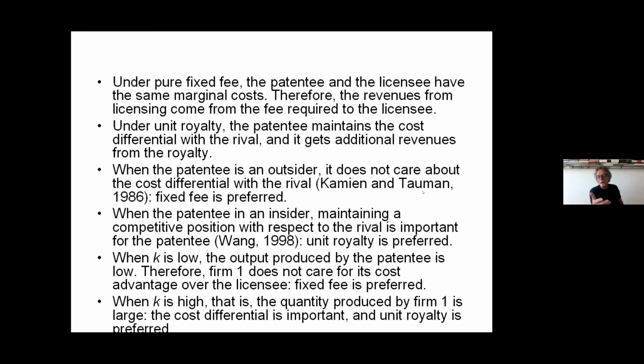You get different results, and that's what you see, a variety of contracts in reality. You try to see what fits to what. And I just want to add another dimension: things also change when you have a vertical structure between an input supplier and the final goods producer. They are interacting, and then you consider licensing. So that can also change the results.